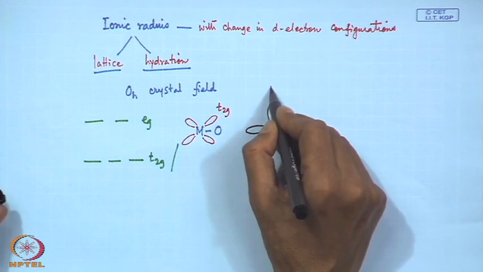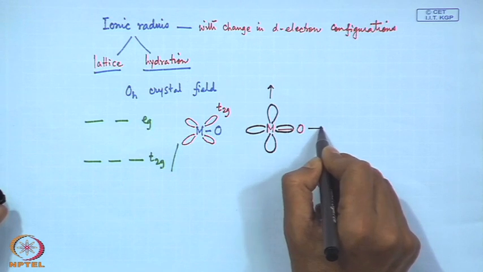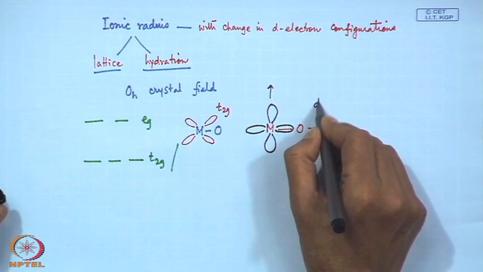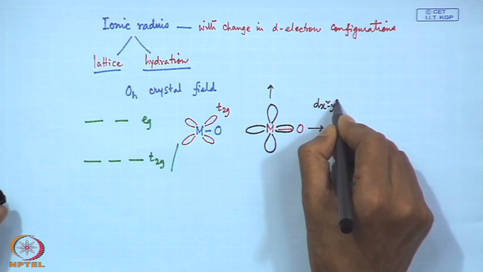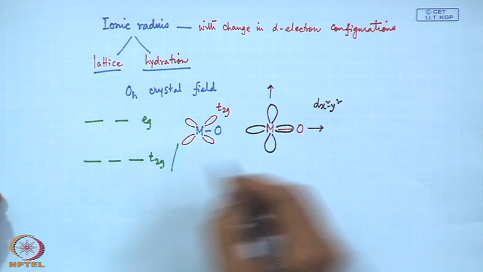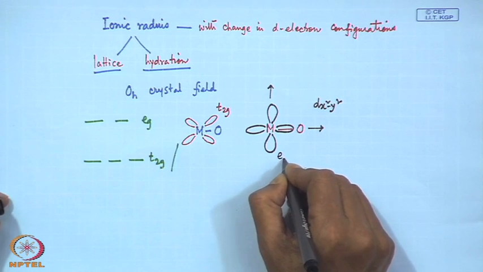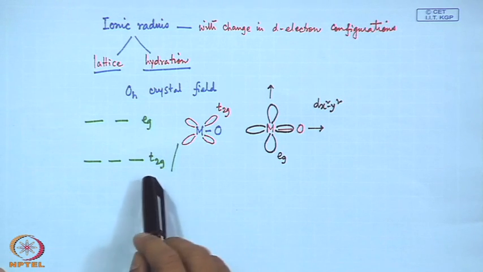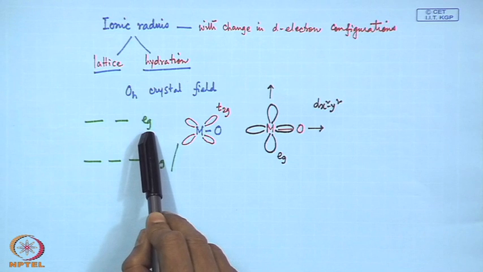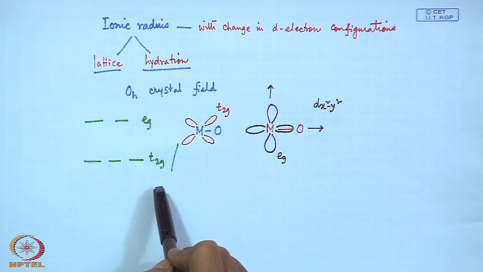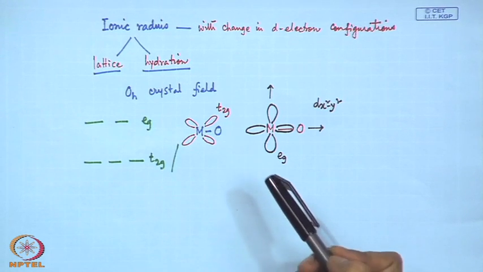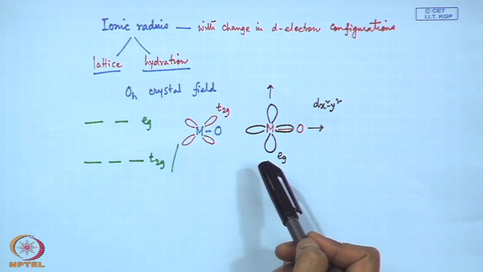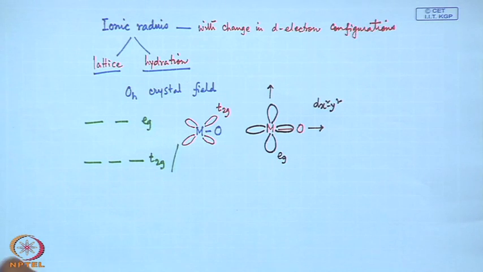So, this is the thing in the x and y direction. If we have the orbital in the x square minus y square direction, we label it as eg. So, the difference in the electronic configuration in the t2g level and the eg level will definitely contribute differently towards the ionic radii values for these metal ions.